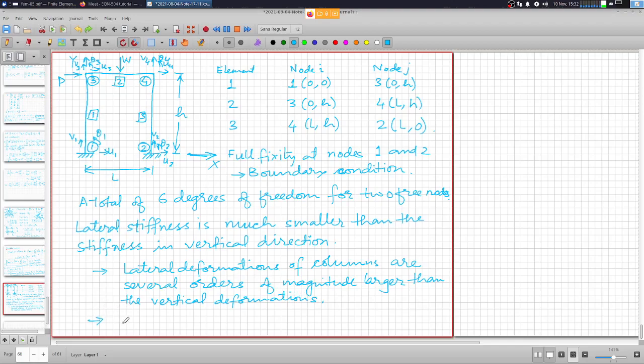So a fallout of this is vertical deformations can be ignored in comparison with the lateral or horizontal deformations.